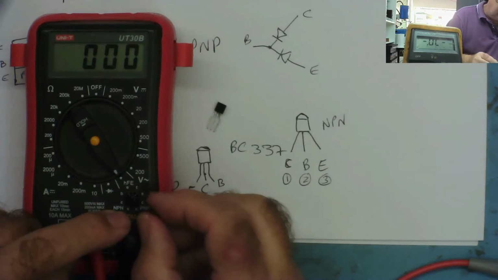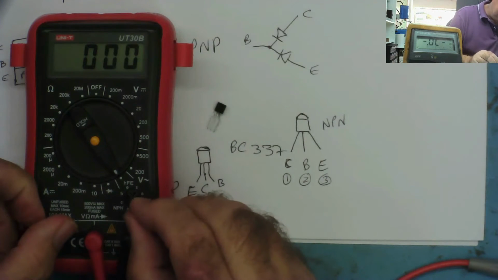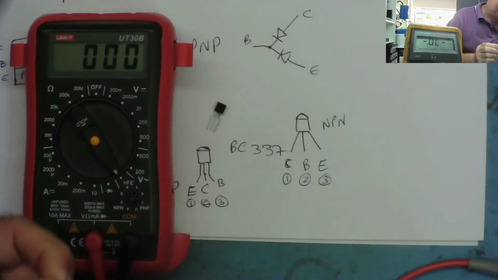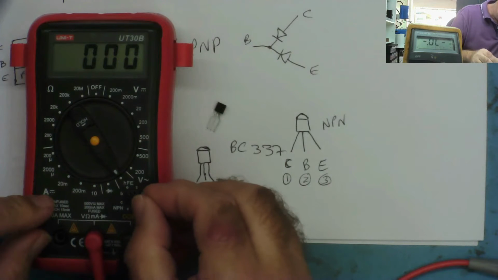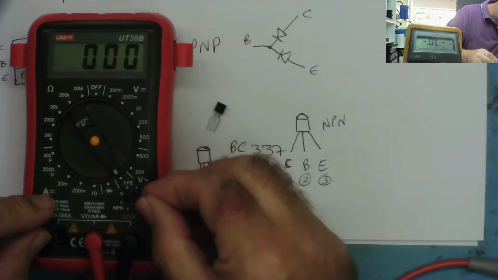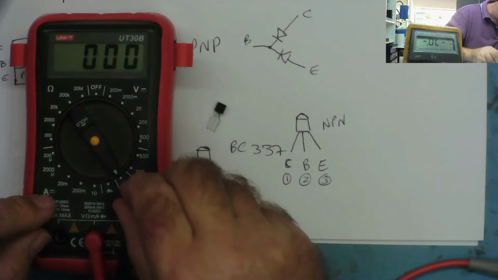No, I'm wrong. I went collector, emitter. Collector, base, emitter. It's up here. Again, with the flat side, this is the collector at this end, base in the middle. So you see, if you put it in the wrong place, it doesn't work. Doesn't mean you've got a faulty transistor. It just means you didn't put it in the right way round. User error.